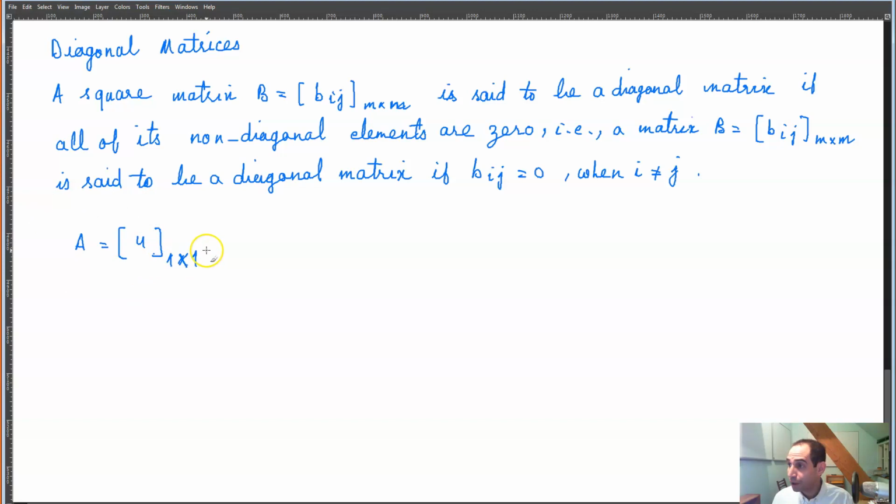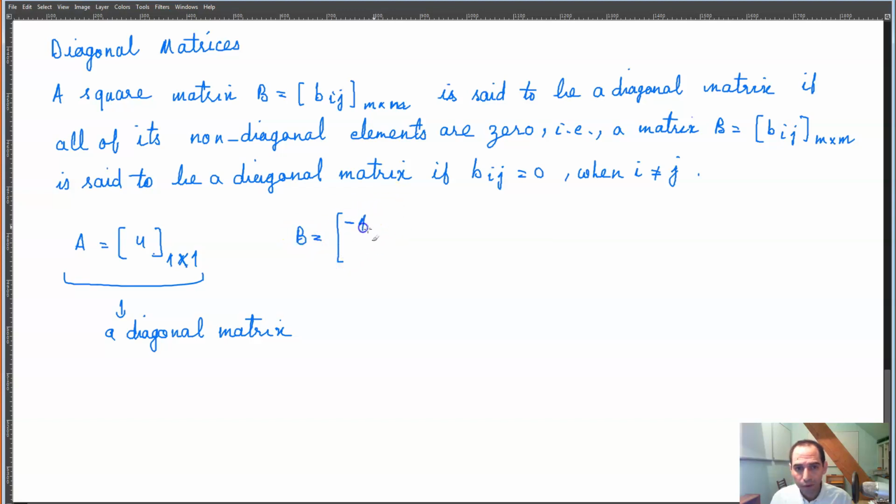Yes, of course, because we can assume that all the other elements are 0, or probably it's some convention. I don't know what the reasoning behind that could be, but it is considered a diagonal matrix.